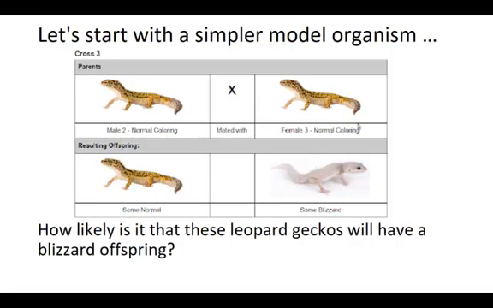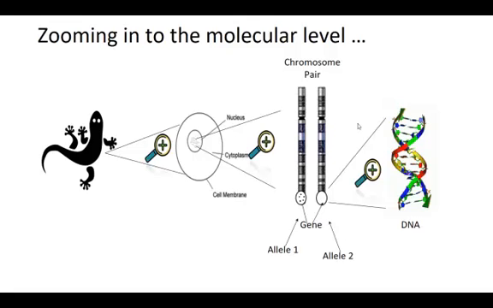So we're going to begin by zooming in to the molecular level. You can go ahead and look at activity 3.3a in your activities packet. And you'll see a diagram like this reminding us that we have geckos, and inside those geckos there are cells, and inside those cells there's a nucleus.